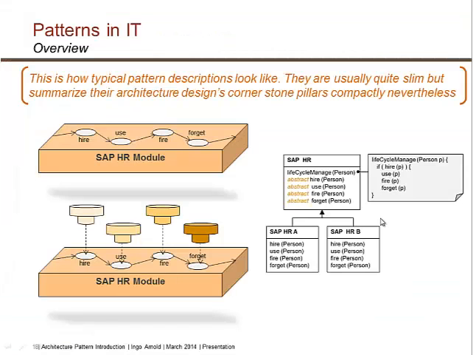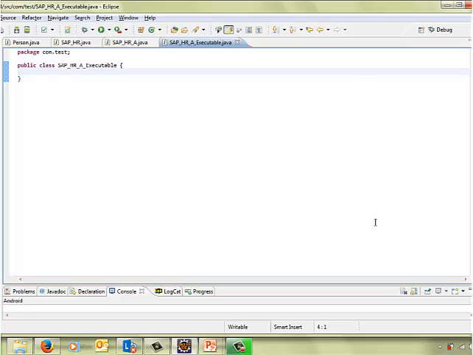So there is only one class missing now, even though it is not on the UML diagram anymore. This is the class that provides an entry point for the operating system and for the whole program to be actually executed. Also for this class, I've created a respective skeleton code fragment already. I call this class SAP_HR_A_Executable, and the first thing we need to add is a main method as an entry point.